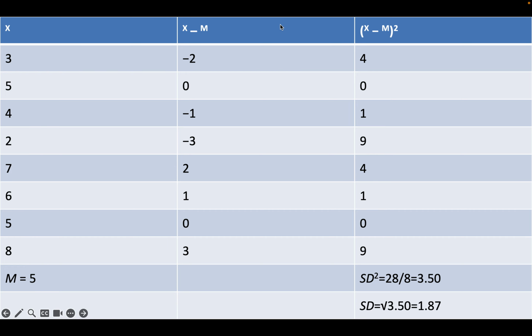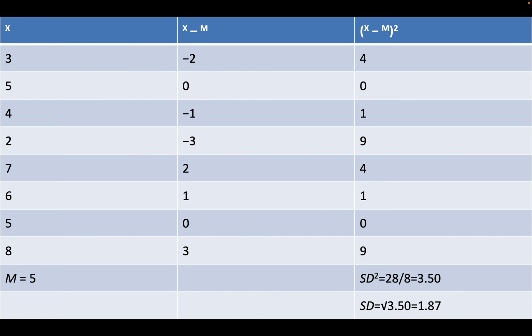And so if we square all of those, we'll get positive numbers. So minus 2 times minus 2 would be 4. 0, of course, would be 0. Minus 1 times minus 1 is 1. Minus 3 times minus 3, of course, is 9.